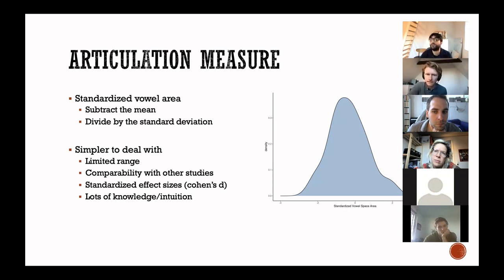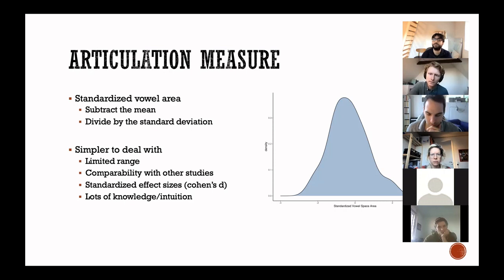It makes it easier to compare with other studies that might have used different kinds of scales. We can all convert them to this scale. Once we start building the models, the beta coefficient is going to be on the same scale as Cohen's d.